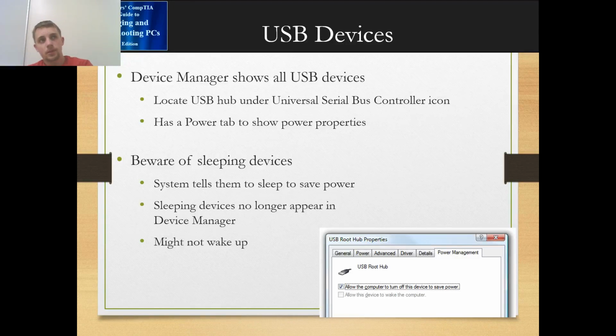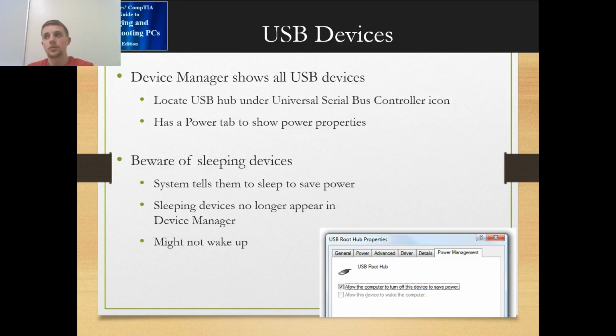By default, Windows will tell USB devices to sleep to save power, and if it goes into sleep, it won't show up in Device Manager. If the device is actively being used, so if you have a USB drive that you're backing up to or you're running a virtual machine off of it, it's not going to go into sleep mode.